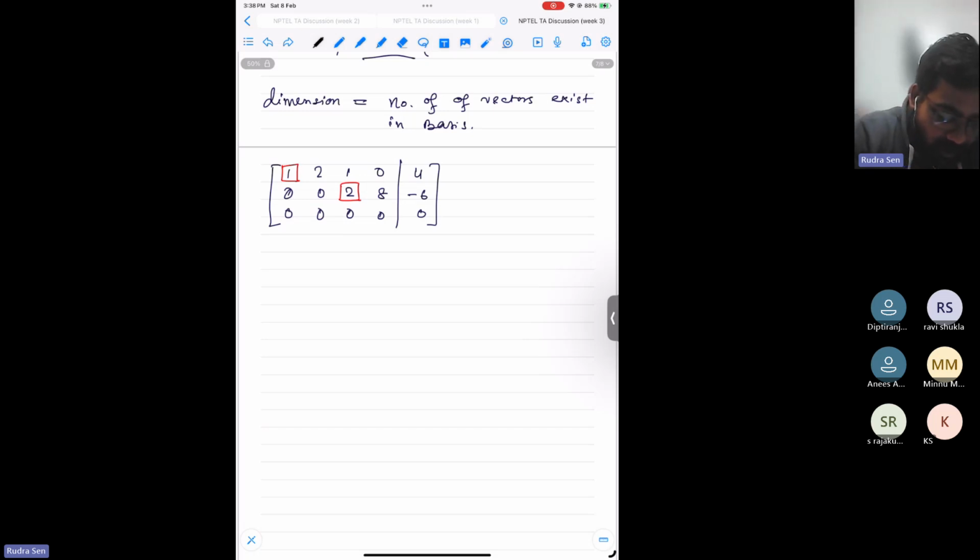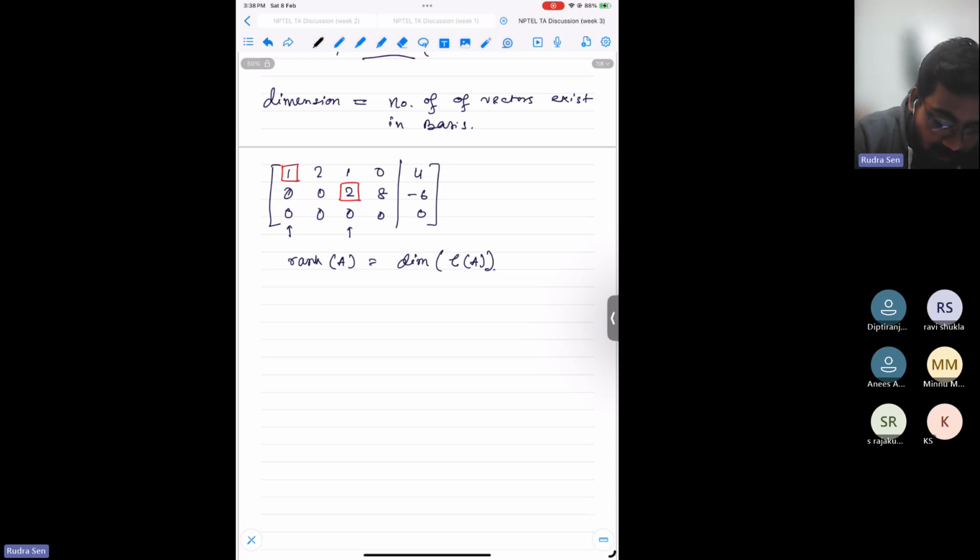Here we say that the rank of A is the dimension of the column space. The dimension of the column space means these two are the linearly independent columns, because pivot elements exist in these two columns.